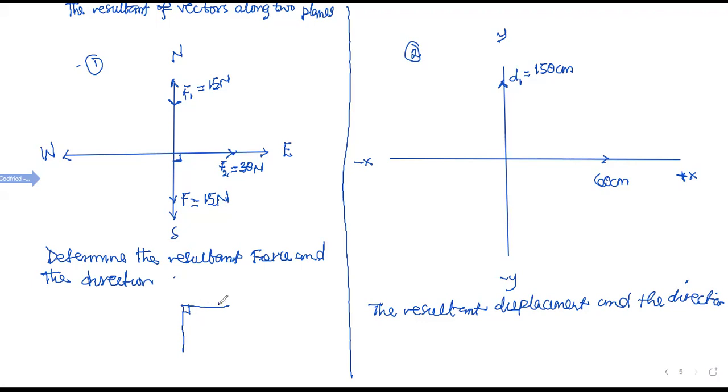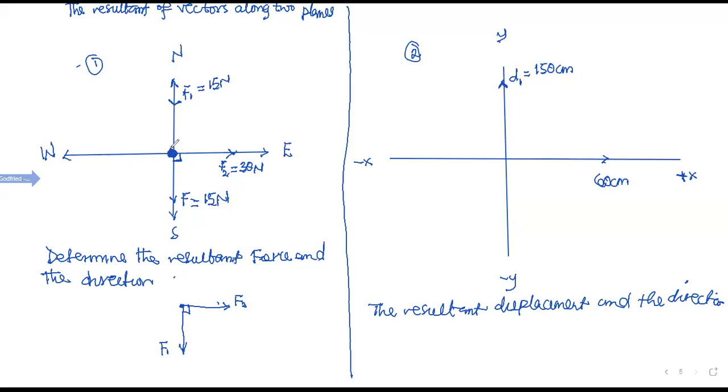F1 acting downwards, and then F2 acting along east. To get the resultant, when you look at what we have here, both of them are acting on a body which is at the origin.